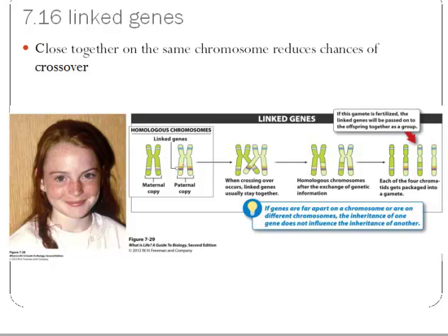You can think of like Legos stacked, and you just can't get them apart because they're so tightly packed together. So some genes are linked. An example of that would be red hair and freckles. They tend to be linked and go together. It's hard to separate them genetically because physically on the chromosome, those characteristics or traits are close together. So that'd be an exception to Mendel's second law.